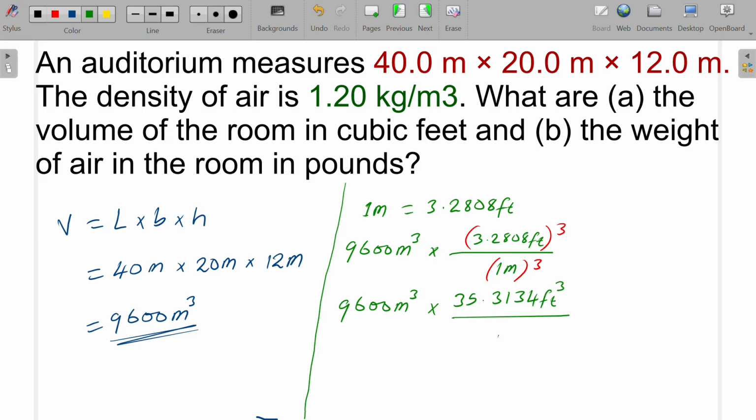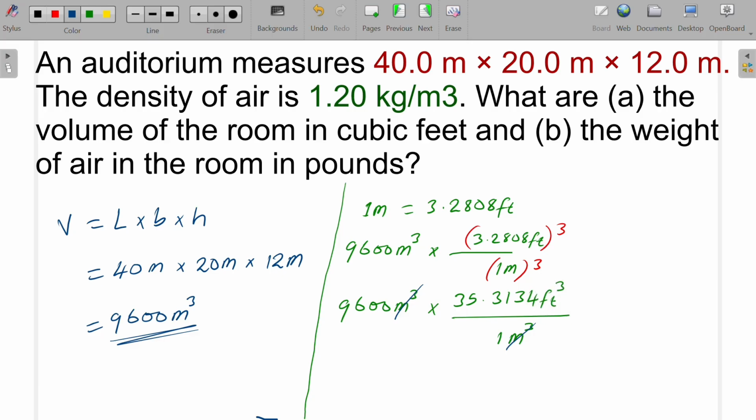Then down here, we get 1 cubic meter. Now that we have the same units, this cubic meter will cancel with that cubic meter, and our unit of interest will remain, which is cubic feet here. So all we have to do is multiply 9,600 by 35.3134, and our unit will be in cubic feet.